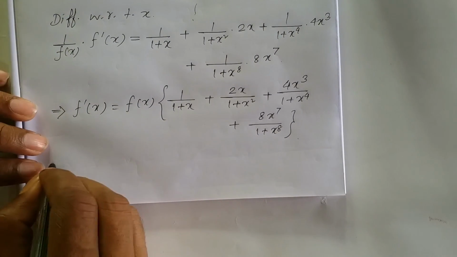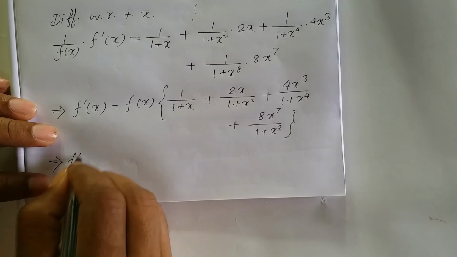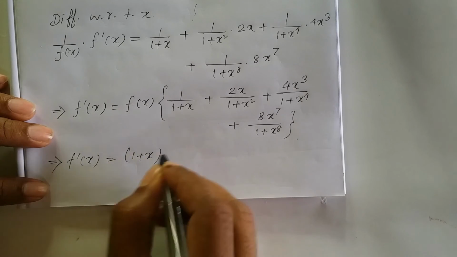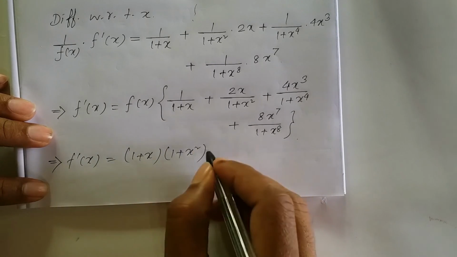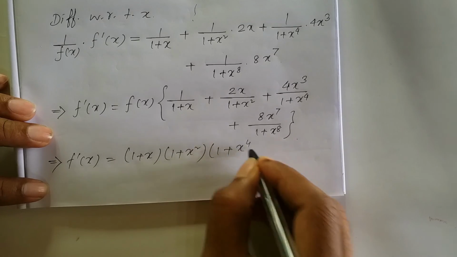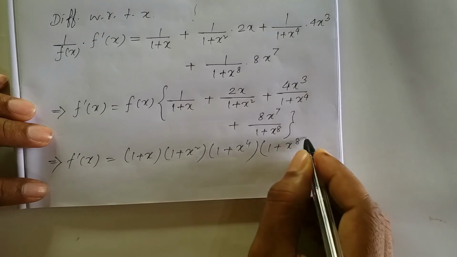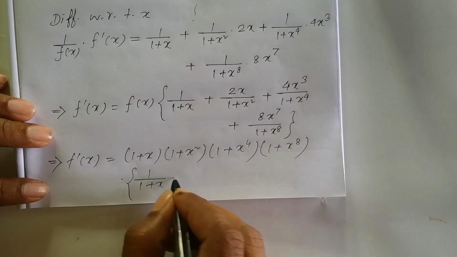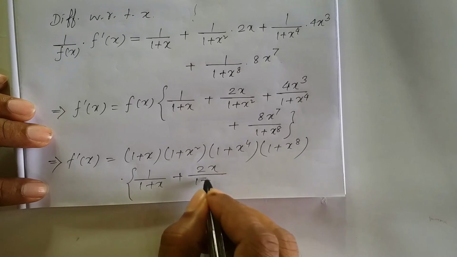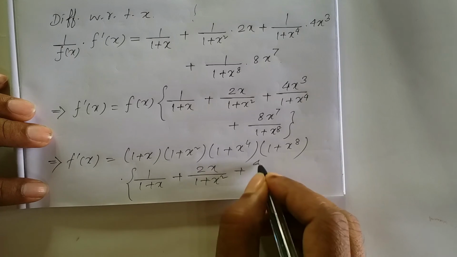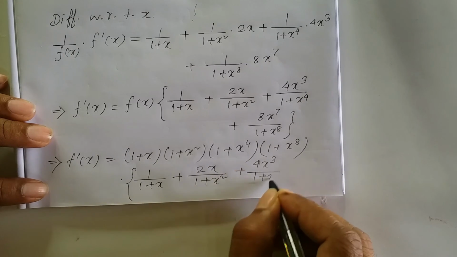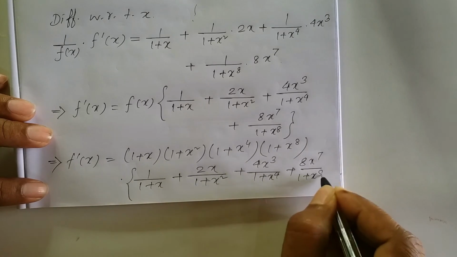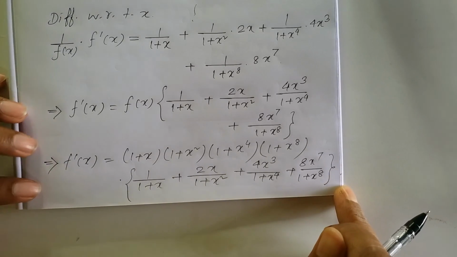And then replace f(x), that implies f dash x is equal to, f(x) was 1 plus x into 1 plus x square into 1 plus x to the power 4 into 1 plus x to the power 8. This was f(x), into the remaining section 1 by 1 plus x plus twice x by 1 plus x square plus 4x cube by 1 plus x to the power 4, then plus 8x to the power 7 by 1 plus x to the power 8. So this is the solution of the first part of the question.